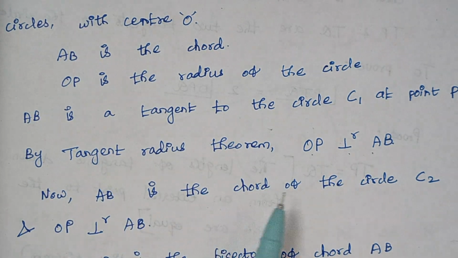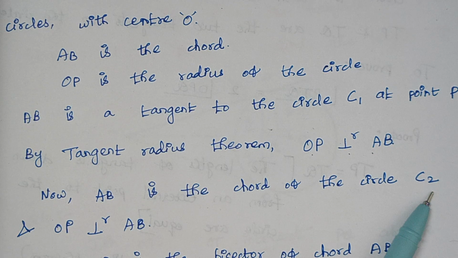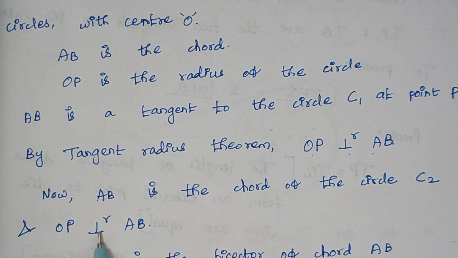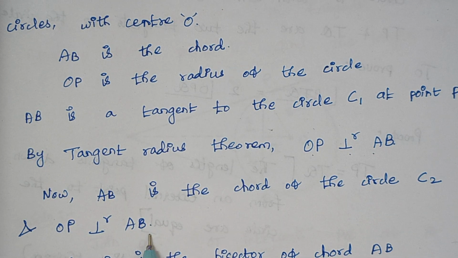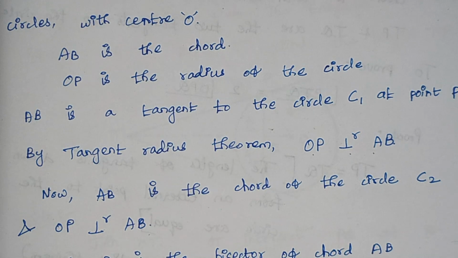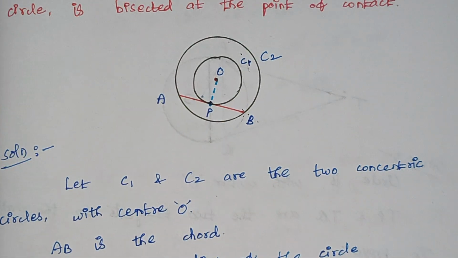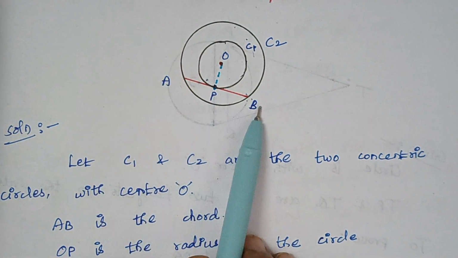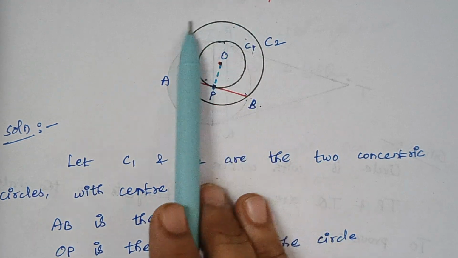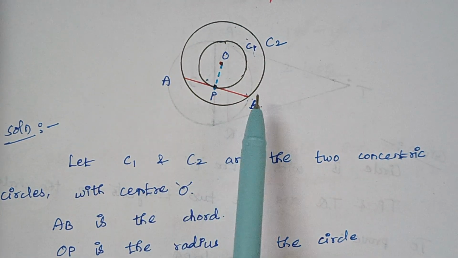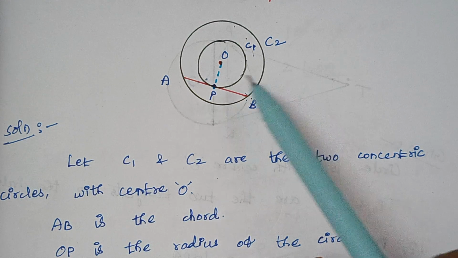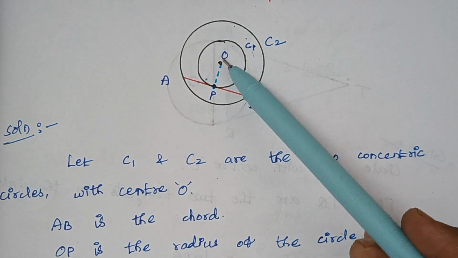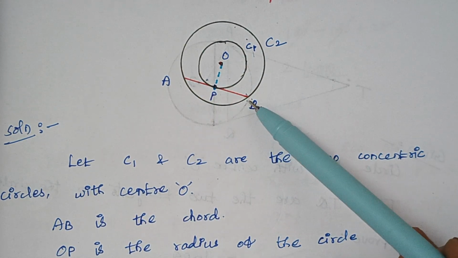Now, AB is the chord of the circle C2 and OP is perpendicular to AB. Whenever we consider only circle C1, AB is a tangent. But when you consider the circle C2, AB is a chord for circle C2 and OP is perpendicular to AB.